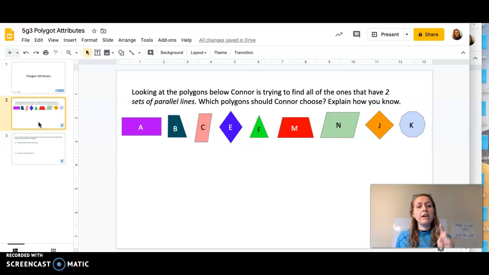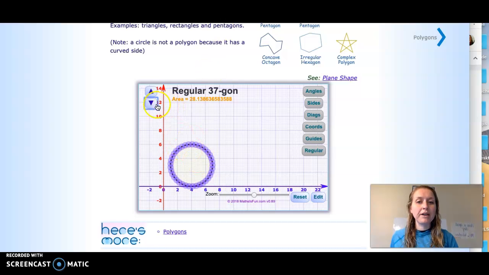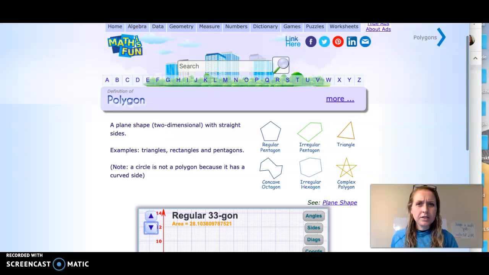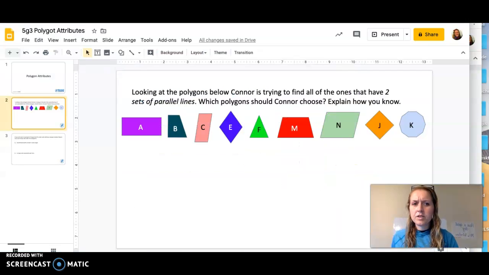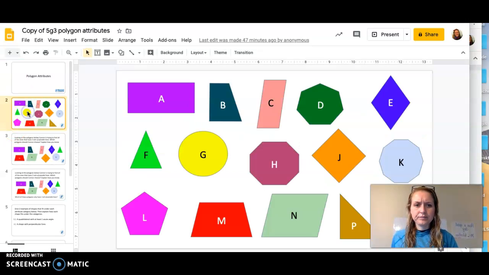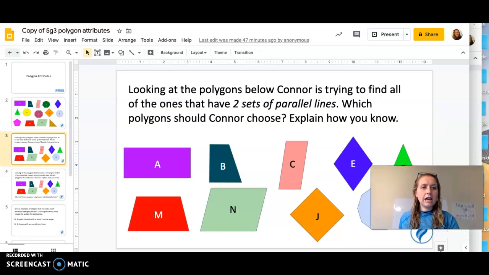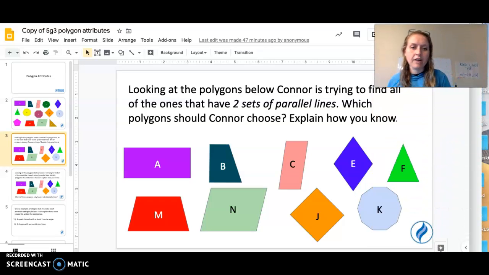It says, looking at the polygons below, Connor is trying to find all the ones that have two sets of parallel lines. Which polygon should Connor choose? Explain how you know. So this is where we're going to talk about parallel lines. A parallel line is a line that's never, ever going to cross.